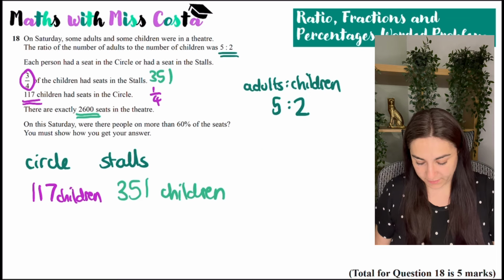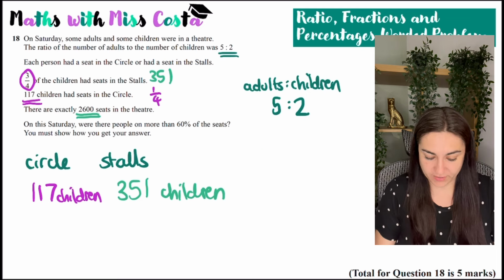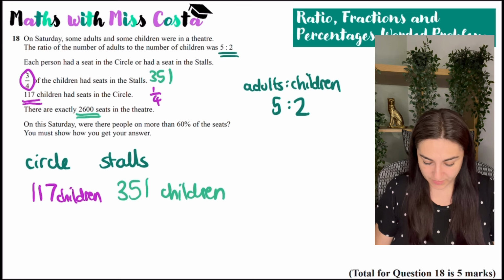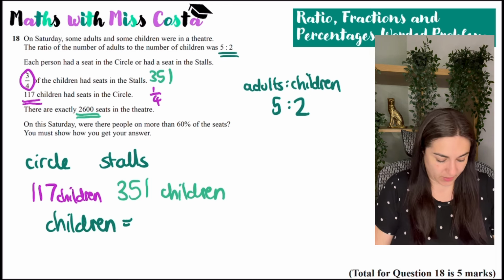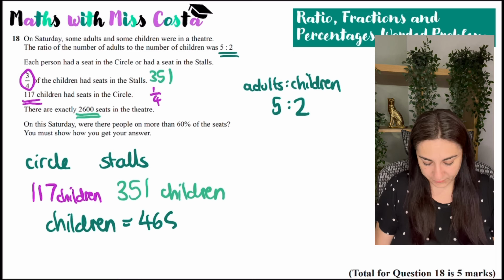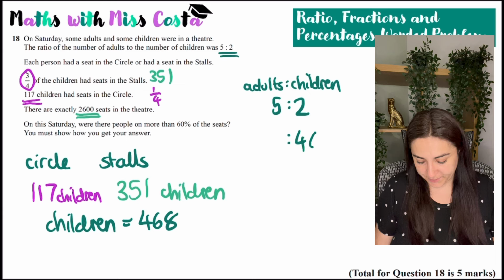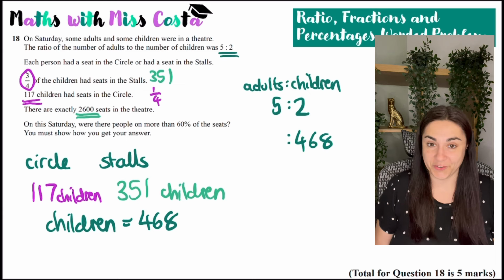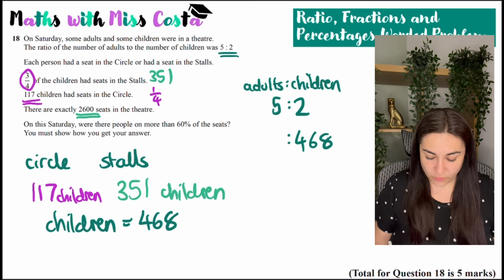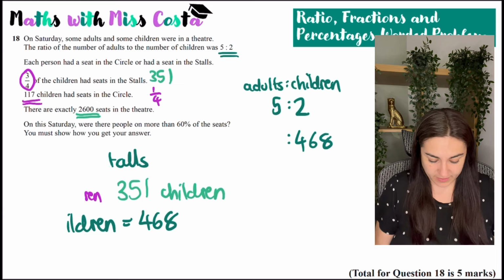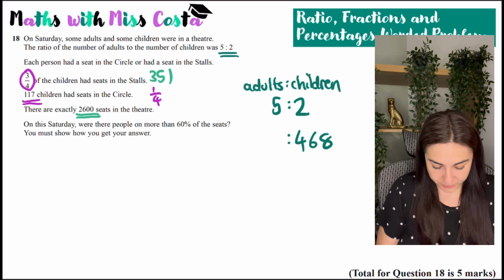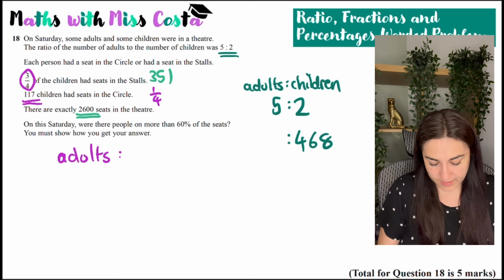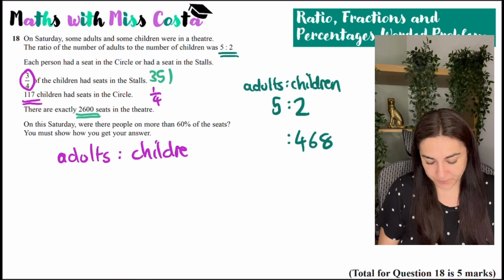First of all, let's go with the information I've already been given, which is the ratio of adults to children is 5:2. So the total amount of children, if I do 117 plus 351, that's 468. So I know there are 468 children. So the ratio, I could draw this in parts to make it easier. So I know that adults to children is 5:2.